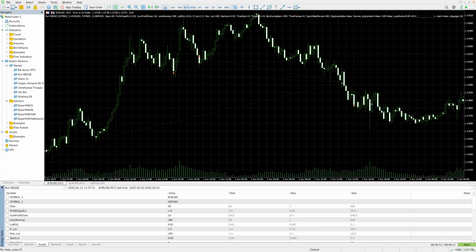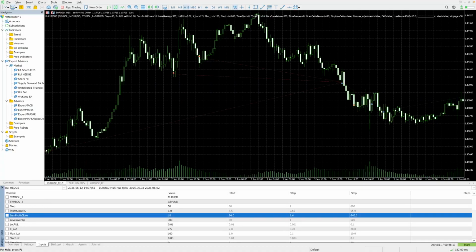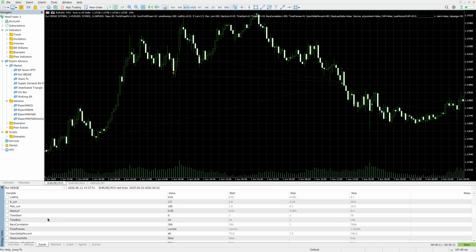The dual symbol hedging with fixed directional rules. We also have the smart averaging with smaller initial recovery lots that can scale via K lot multiplier, and we also have basket profit closing at the sum profit close. This is it. And also there is the correlation checks via the bars correlation and open delta percent, which helps.